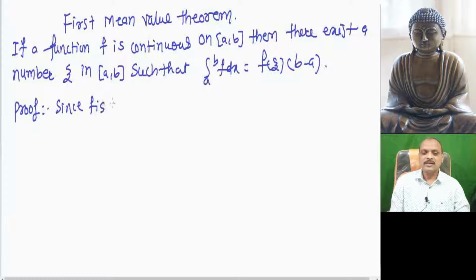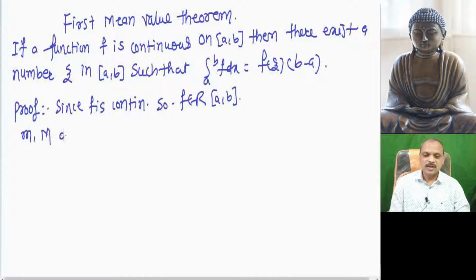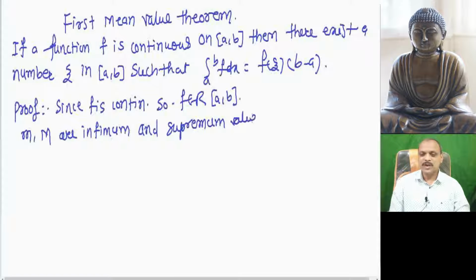So as here f is continuous, it is integrable over the closed interval [a, b]. Since the function is integrable, it has a supremum and an infimum, say capital M and small m, the bounds of f on this closed interval [a, b].